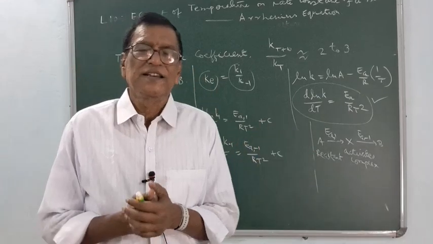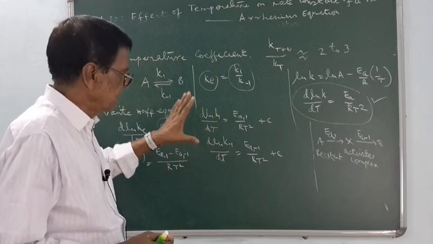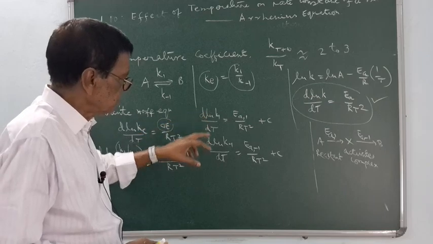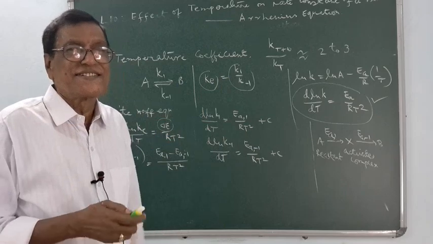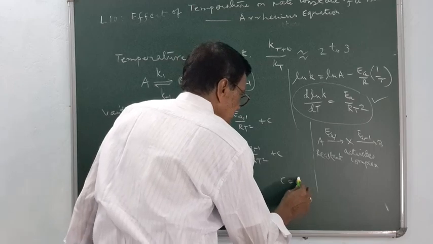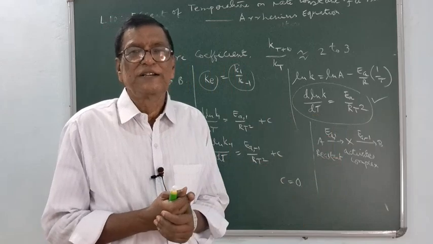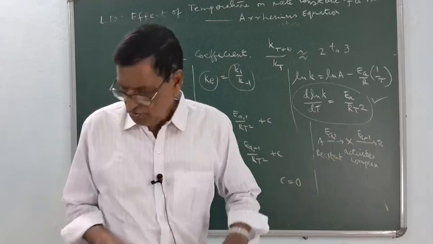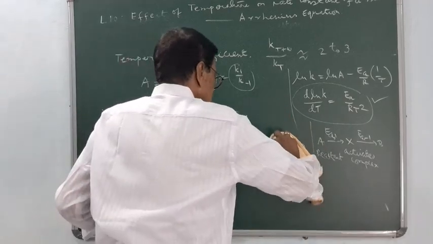Same value of C, so that whenever we subtract this one from this one, this C will cancel. But Arrhenius assumed that C equal to 0. Arrhenius himself assumed C equal to 0. So in this case, C equal to 0.